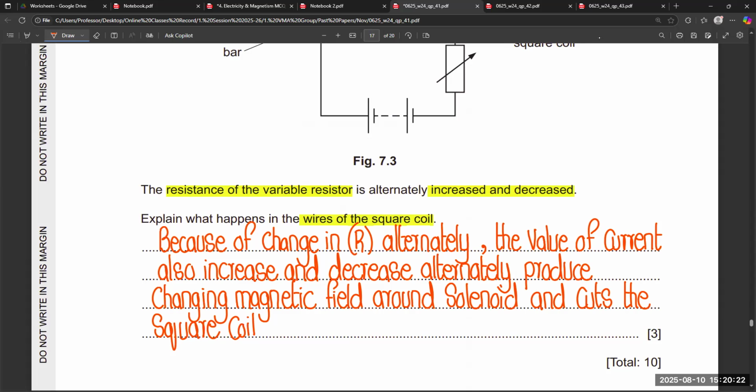And definitely you remember, this is the concept of change in magnetic flux linkage.